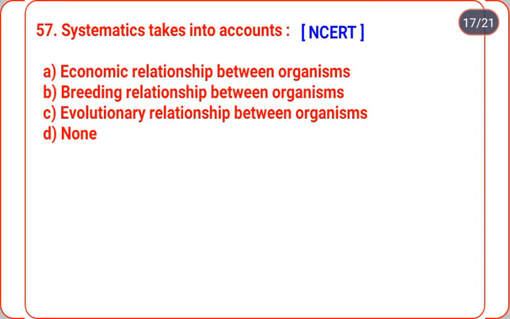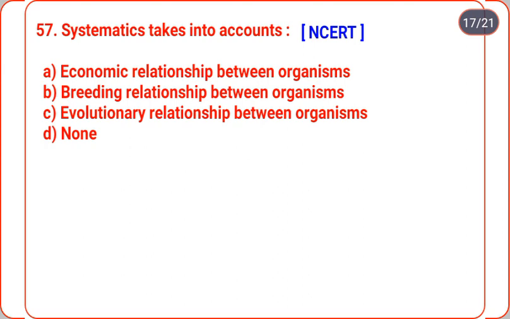Question number 57. The systematics takes into account option A economic relationship between the organisms, option B breeding relationship between the organisms, option C evolutionary relationship between the organisms, option D none of these. So I repeat, option B breeding relationship, no it is wrong.